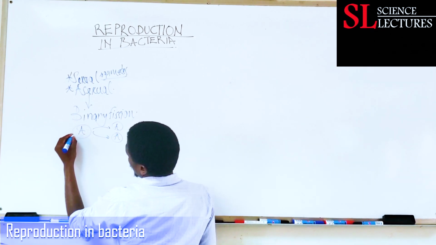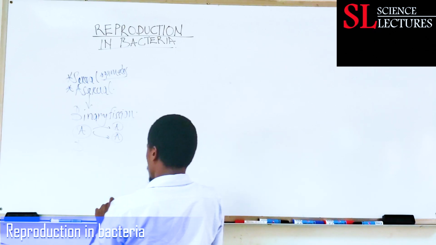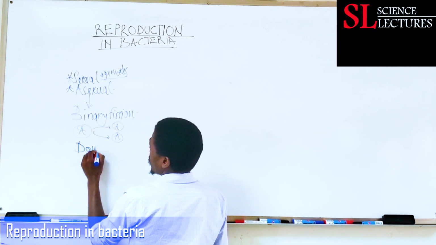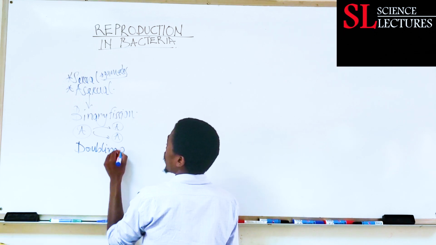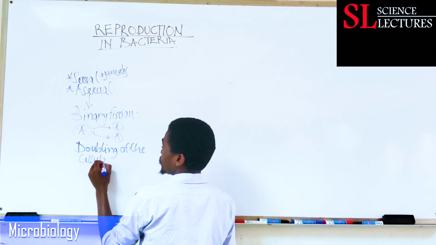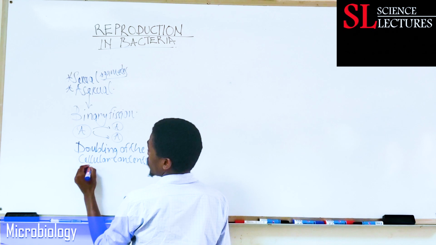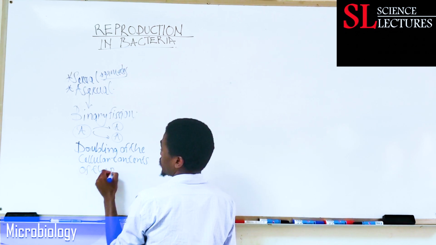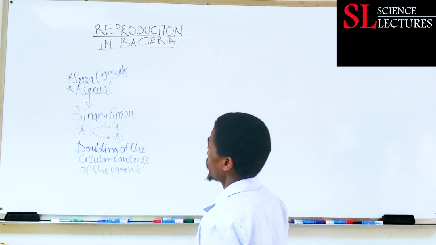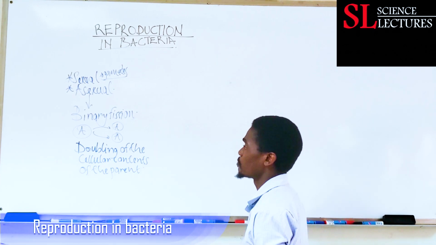However, before this division happens, we have doubling of the cellular contents of the parent cell. After doubling of the cellular contents, the cell can divide into two daughter cells, the bacterial cells from this binary fission.